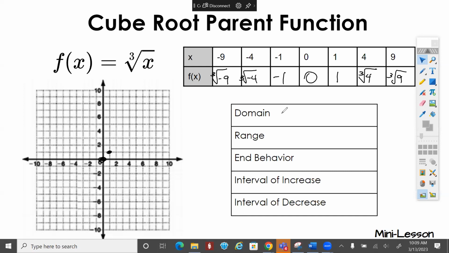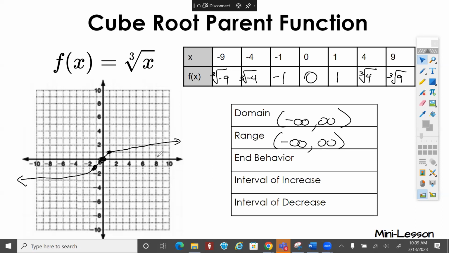For our domain, we're going to have numbers from -infinity to positive infinity. And our range is also going to be from -infinity to positive infinity. Okay. So when I graph this, it's going to look something like this.